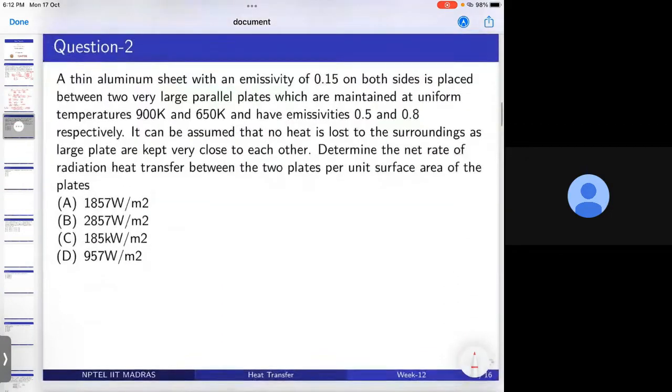Okay, let's move on to the next question. We have a thin aluminum sheet with an emissivity of 0.15 on both sides, placed between two very large parallel plates, which are maintained at uniform temperatures of 900 Kelvin and 650 Kelvin, respectively, and whose emissivities are also given.